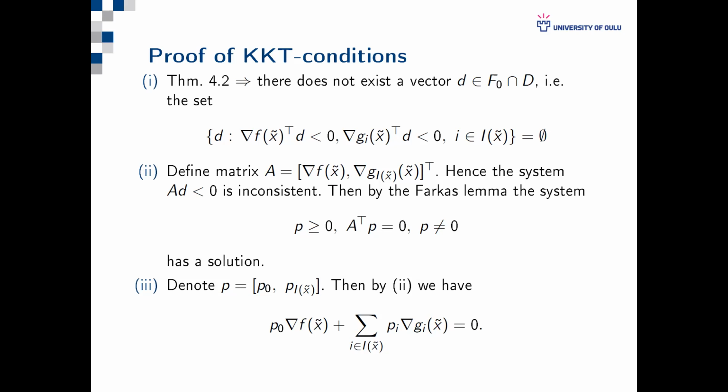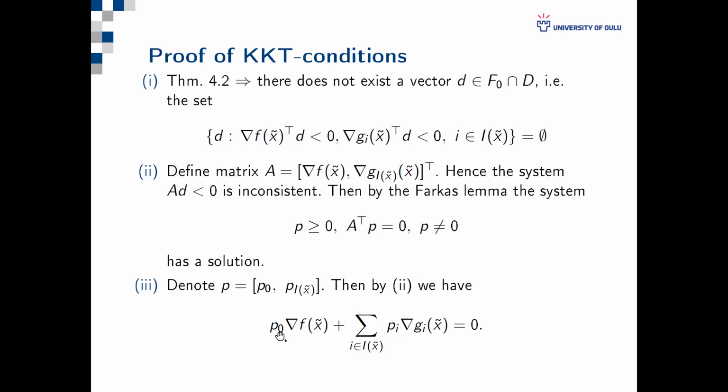Is it possible that p_0 is 0? No, it's not possible, because if p_0 is 0, the gradient of f vanishes. And we are left with a linear combination of the gradients of the constraint functions being 0. But because the gradients were linearly independent, this is possible only when the p_i's are 0.